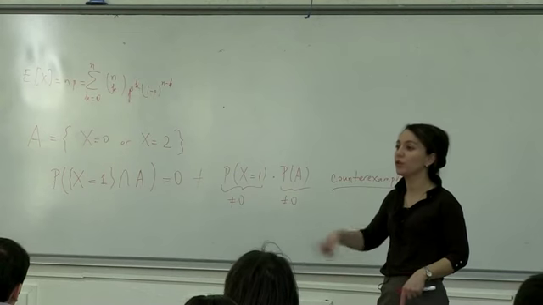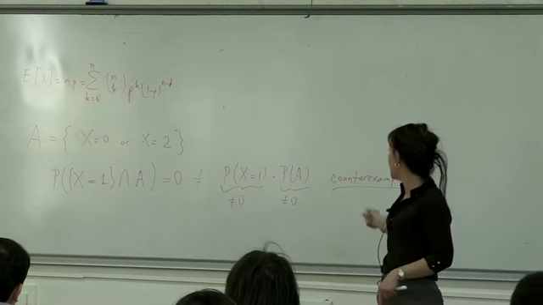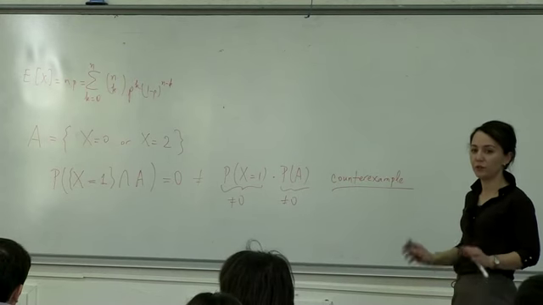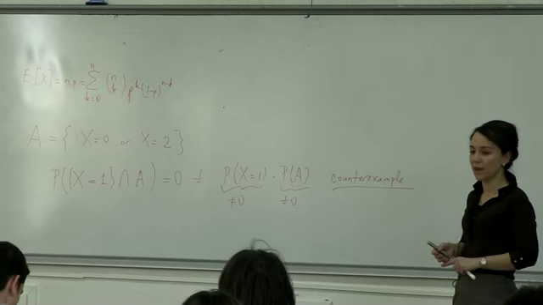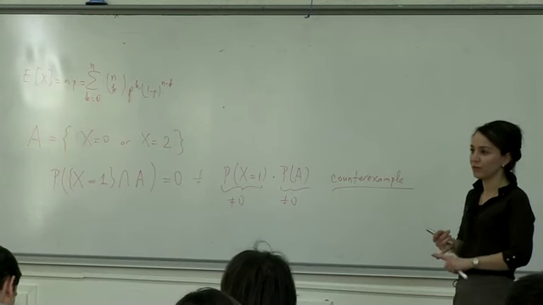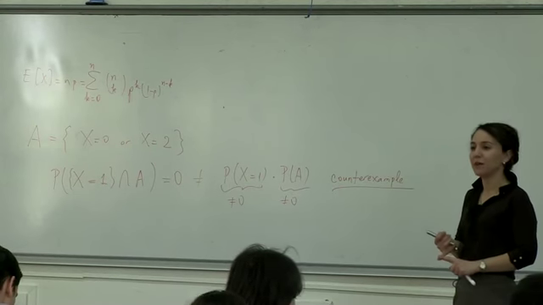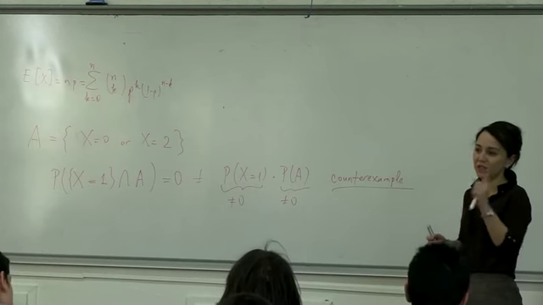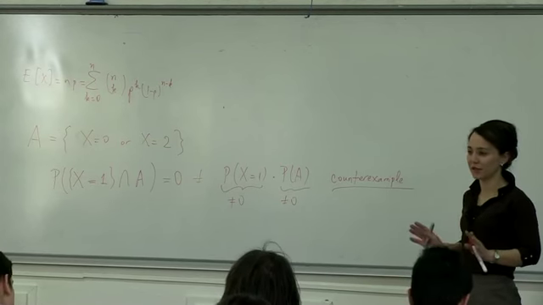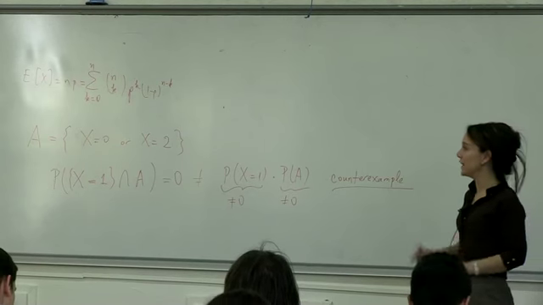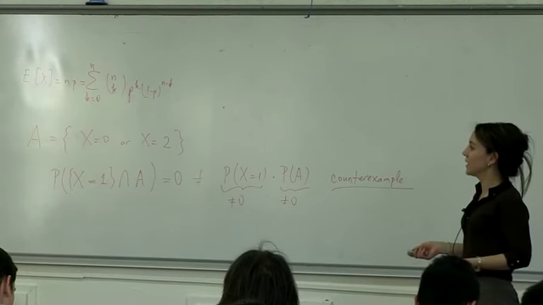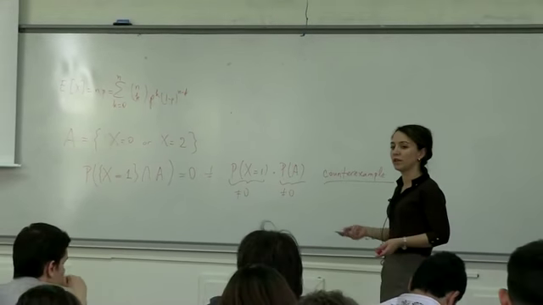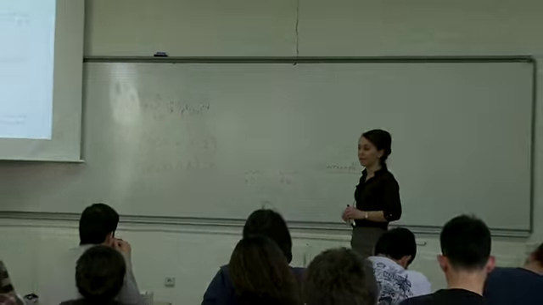But in order to show that they're not independent, exhibiting one counterexample is enough. Don't forget this. To prove a theorem, you need to prove that it's true in general. But to show that a theorem is not true, exhibiting just one counterexample is enough. So let's end this lecture here, and next time we'll continue with more discussion on independence.